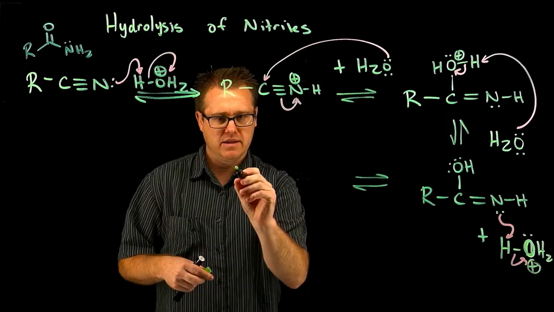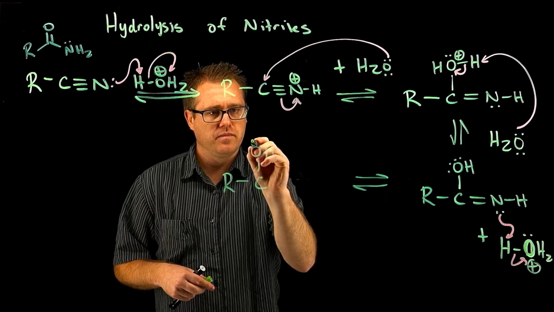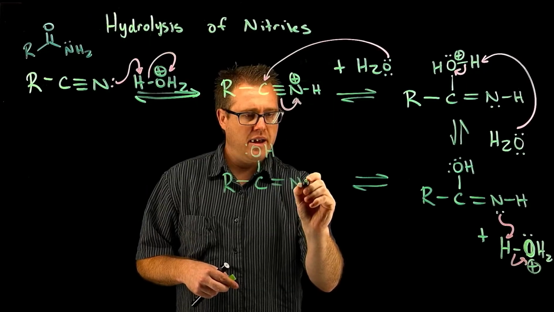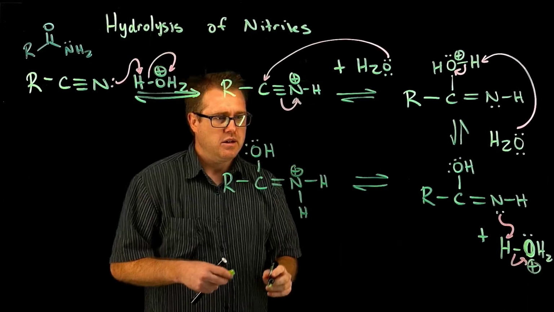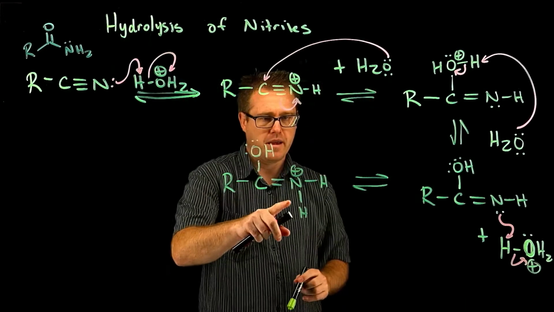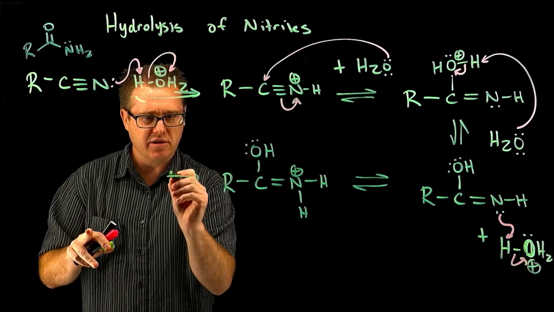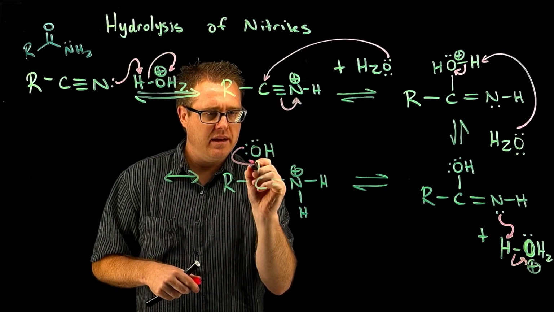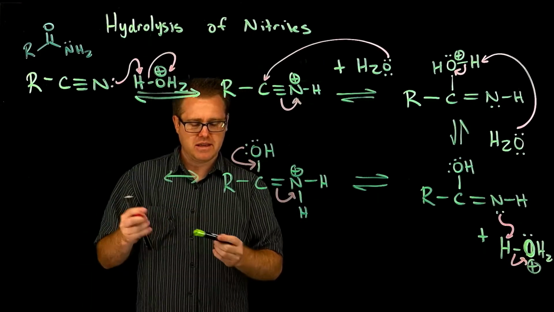So what's that going to give us here? And then double bond nitrogen. And now we have a positively charged nitrogen there. So can we see a resonance structure with this guy? What if I brought that lone pair down like that? What does that look like?